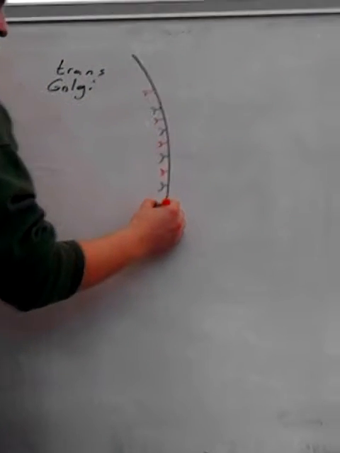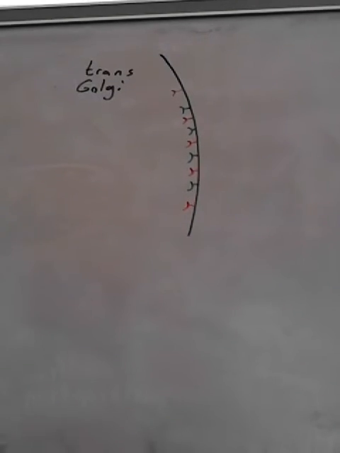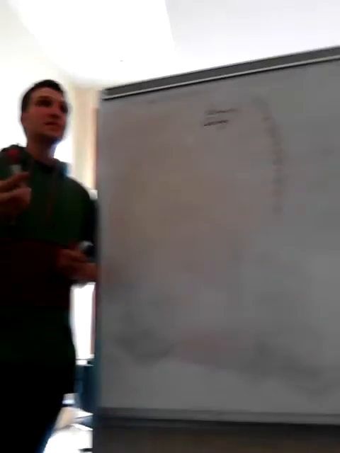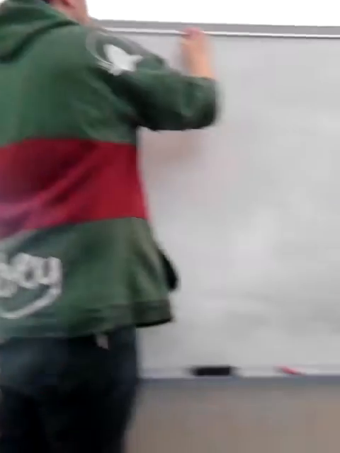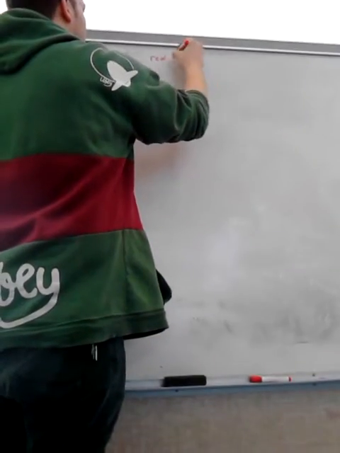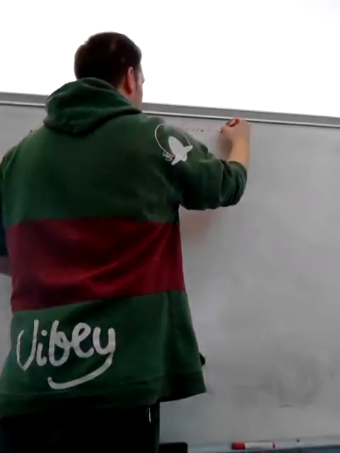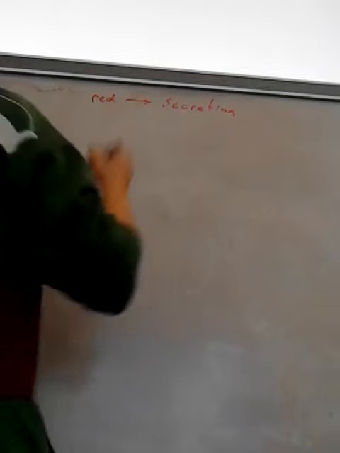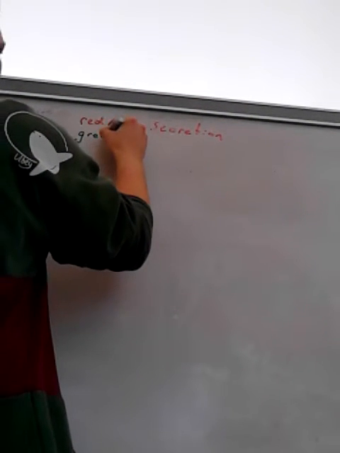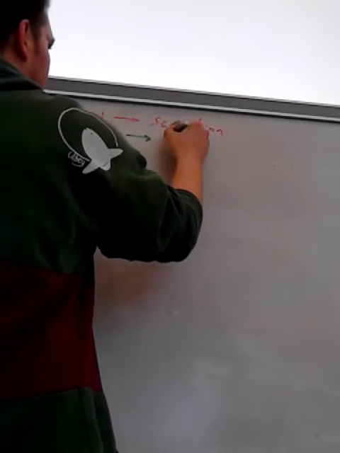So these are all receptors. For red, let's say red is secretion. And the green is lysosome.